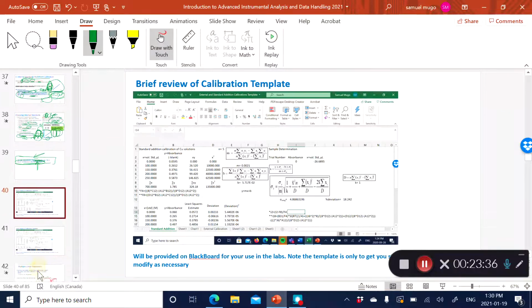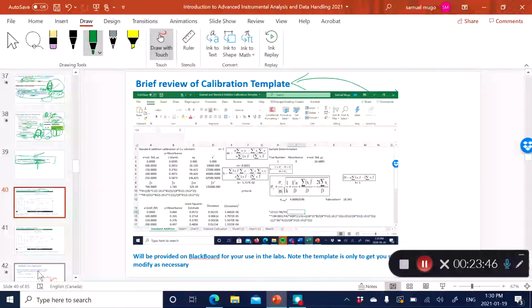To make life easier for you, especially for some of you who are not familiar with Excel as a software, I've posted a calibration template. The calibration template is supposed to help you do your dry lab assignment, as well as all your other labs. Okay?